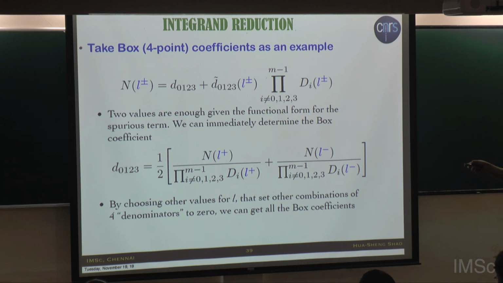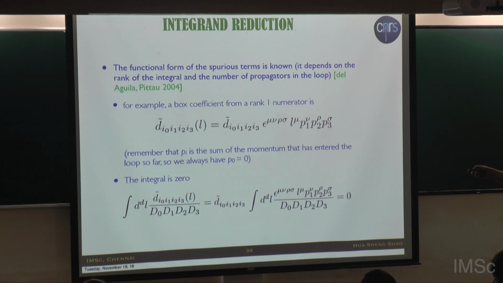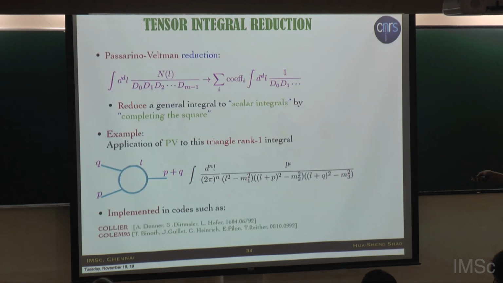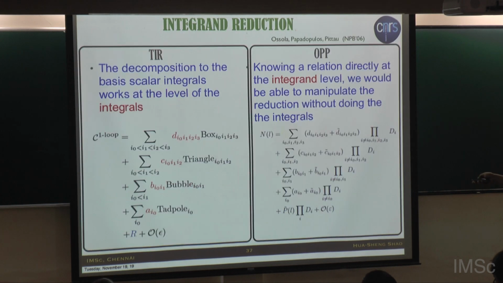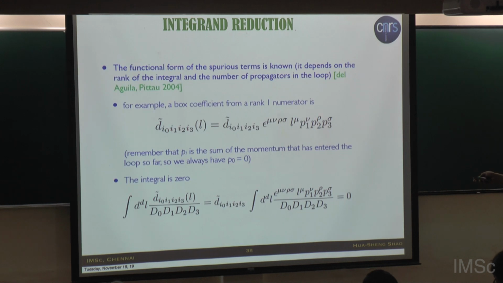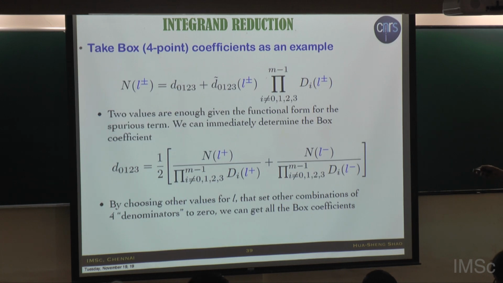The way I know the d functions is I just calculate N(L), but I choose a clever L, because these linear equations are still very complicated, right? So you need to choose some clever way of choosing the loop momentum. You can choose the loop momentum as a complex value, not the real loop momentum.